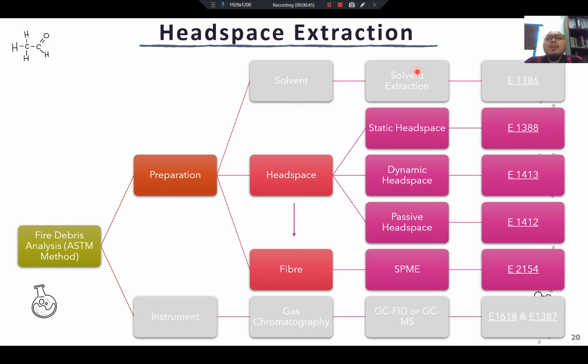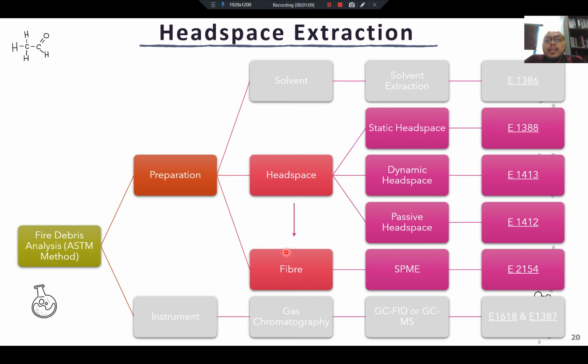So they came up with the idea of headspace. But the problem with headspace is that sometimes it requires a large setup, and of course in some of the procedures the analytes are not concentrated. That is some of the issue.